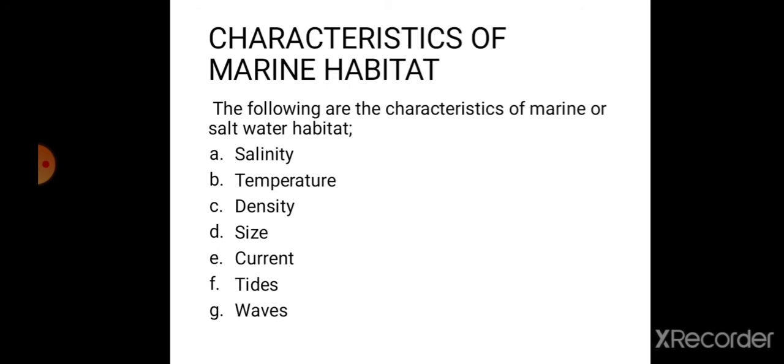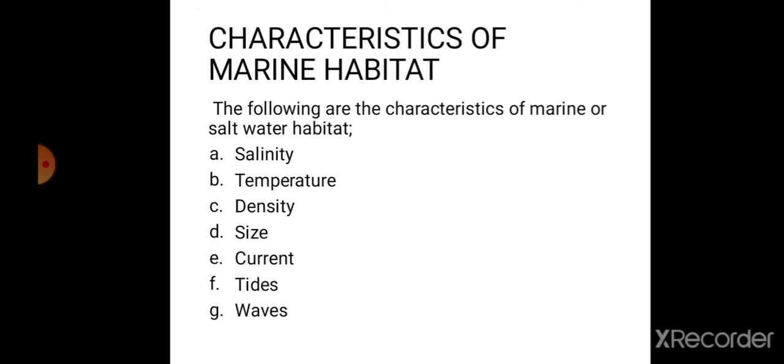When you talk of the current here, it doesn't mean the current in electricity. It's talking about the speed of movement of water in the marine habitat. The current of the marine habitat rushes faster than that of freshwater habitats.